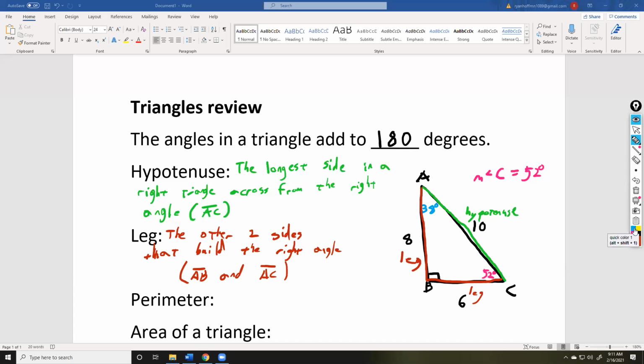All right. Perimeter. If you know what it is and want to work ahead of me, then the question I'm going to ask here is find the perimeter of this triangle. So if you remember what perimeter is, go ahead and do that while I write down the definition of perimeter.